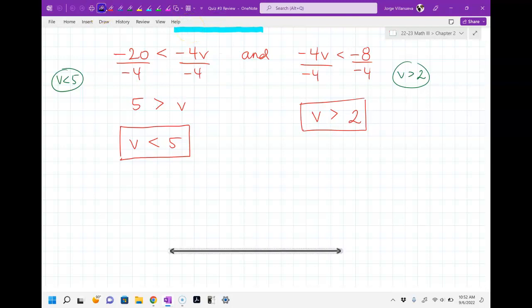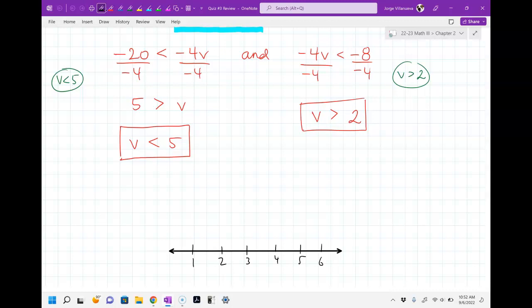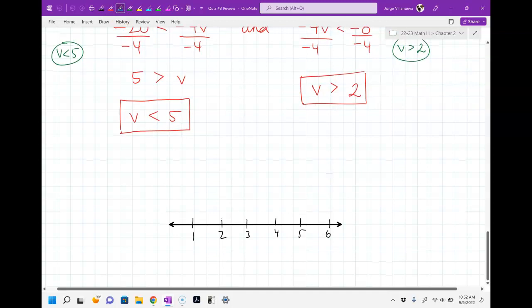I got to have the numbers 2 and 5 in there, so I'll put a 1 here, 2, 3, 4, 5, and 6. 6 is a little too spaced in. So 1 through 6, my V less than 5 is going to be open.